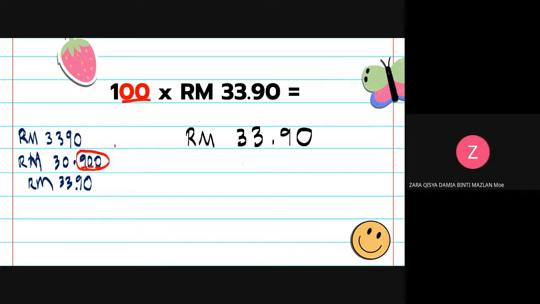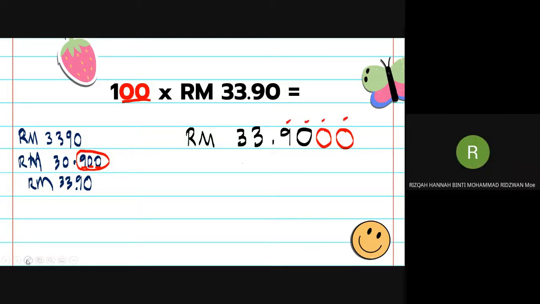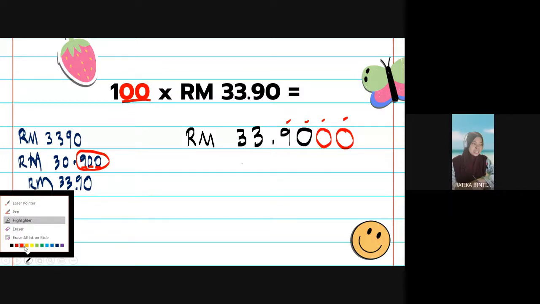Sebab 100 ada 2 zero. So we add 2 zero. And then you must remember that in money bahagian sen tu, ini tengok. 9,000 sen. Betul kan 9,000 sen? Bolehkah 9,000 sen? Ada 4 digit dekat sini. 1, 2, 3, 4. 4 digit. No. In money, bahagian sen tu only 2 digit.